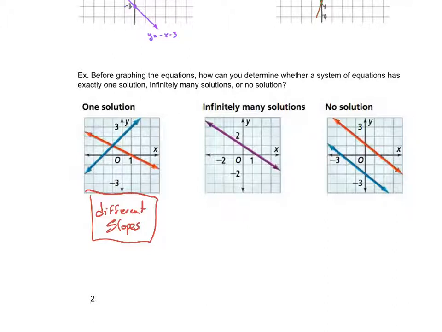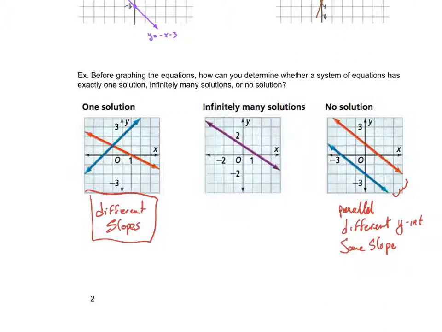Now, if they're parallel, parallel lines have the same slope but different y-intercepts, because that's what makes them parallel.